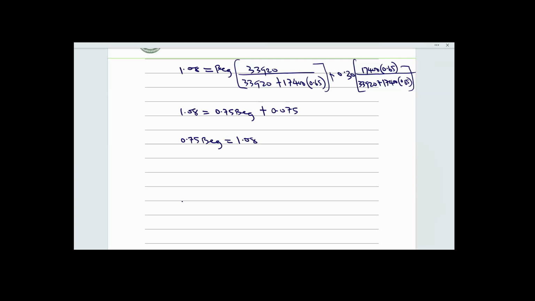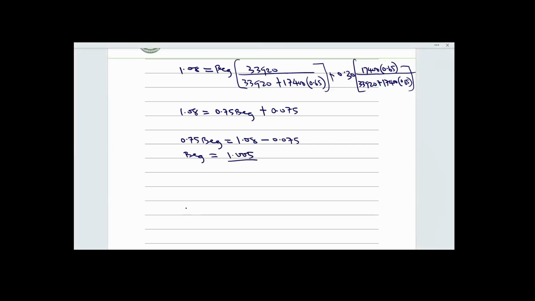All right. 1.08 minus 0.075. Therefore, BEG would then be equal to, what's the difference? 1.08 minus 0.075, that's 1.005.